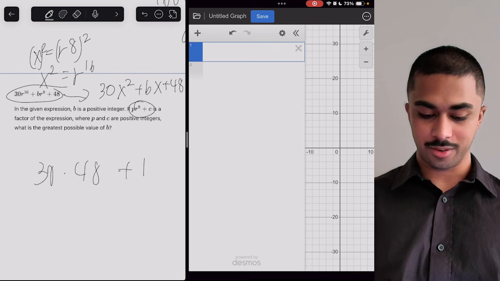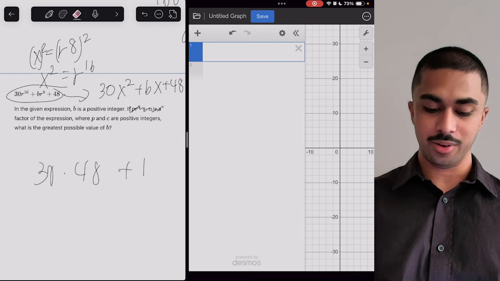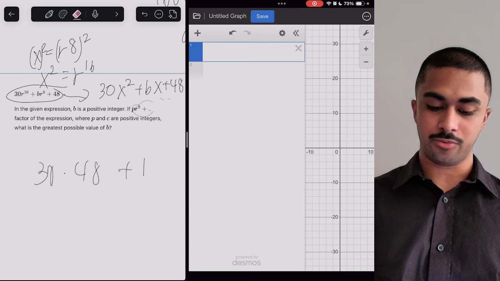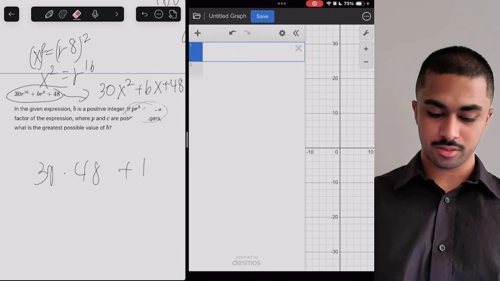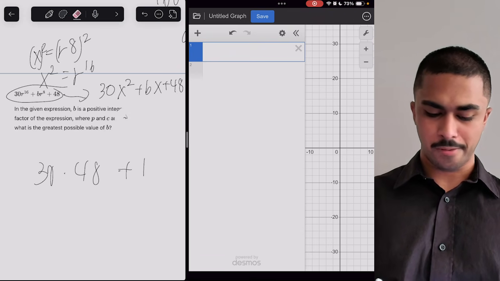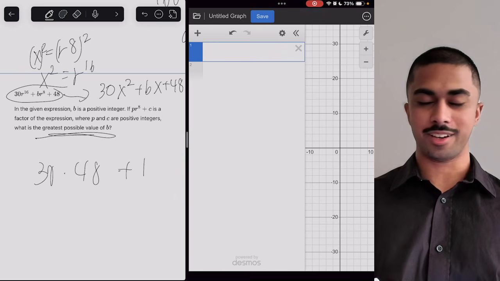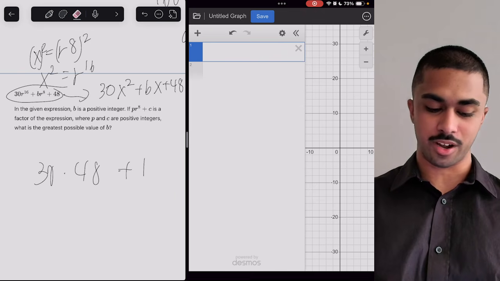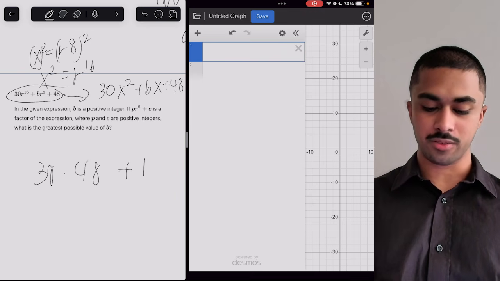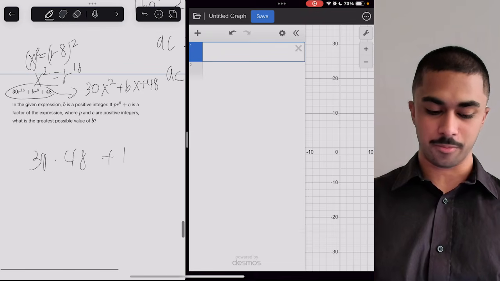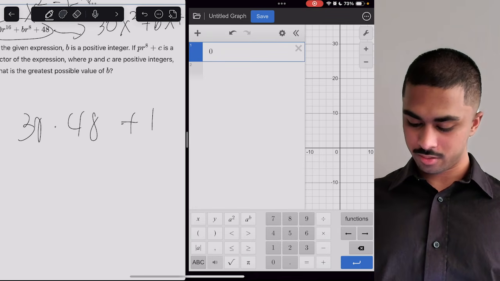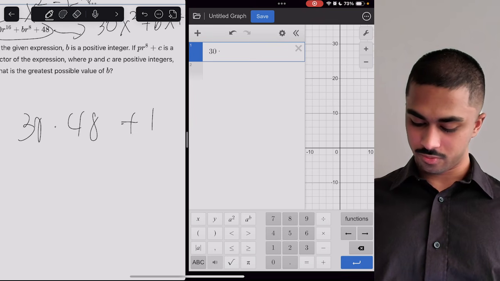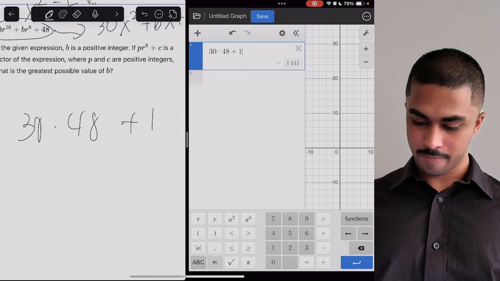This part is irrelevant anyways, but the new factor would be px plus c. So we're just trying to find a normal factor of a quadratic. Or at least, sorry, the greatest possible value of b. We're not looking for a factor. Now the greatest possible value of b is always going to be ac plus 1. 30 times 48 plus 1.